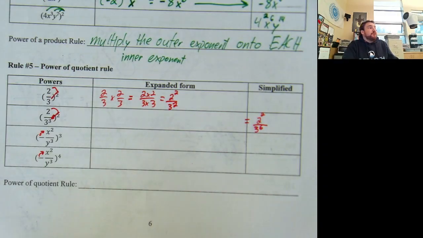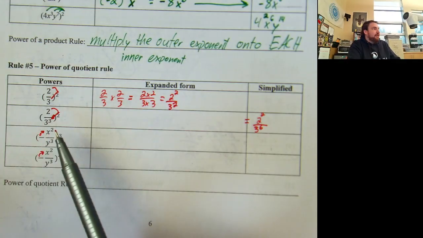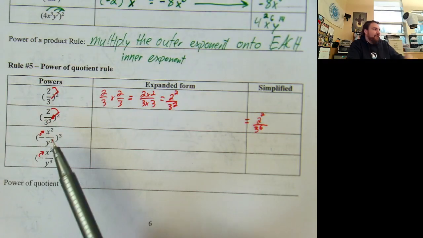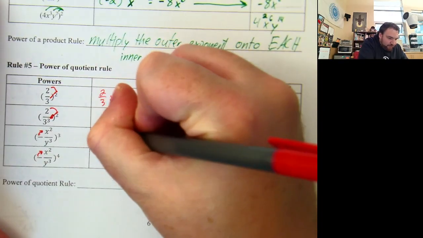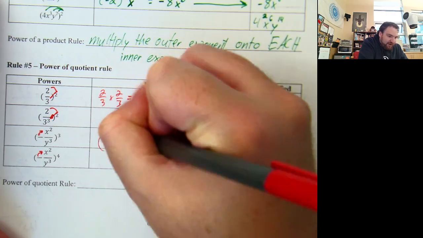To make sure you deal with these things properly, my recommendation for you is this. When there are no numbers, put a number up there too. If it's just a minus sign, what is the number that's going up there? Not 1, not 0, negative 1. So here, we're going to write this as -1 x squared over y cubed, all to the 3.